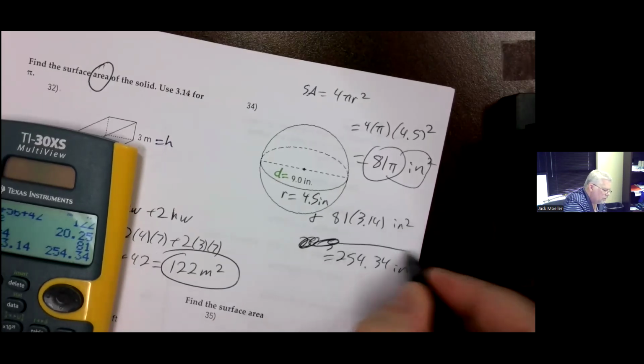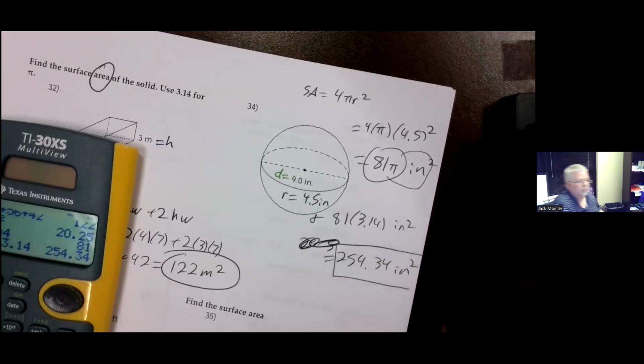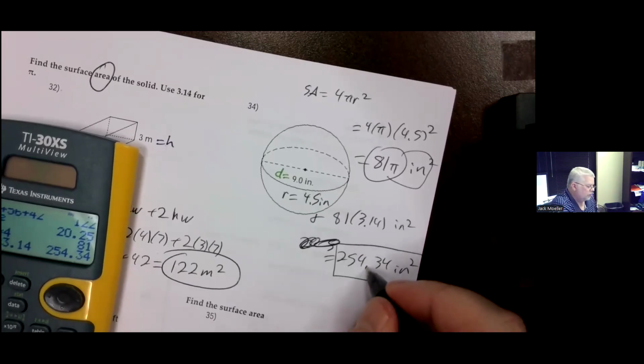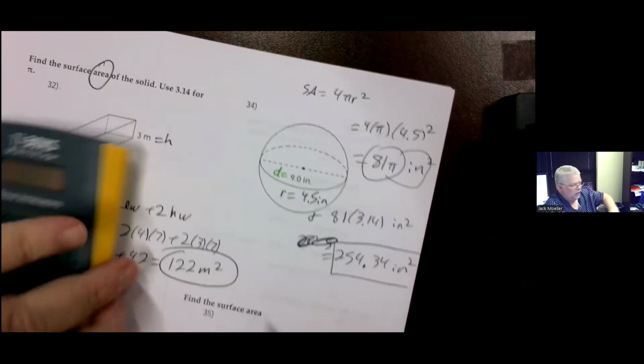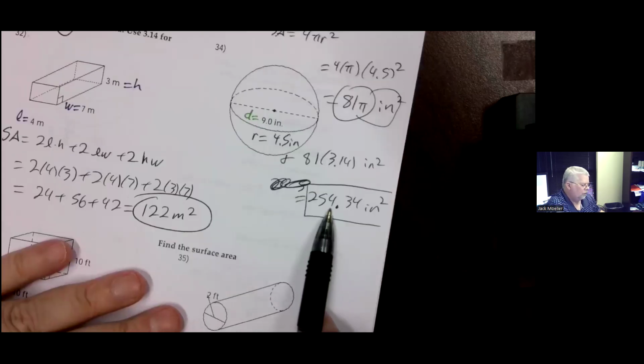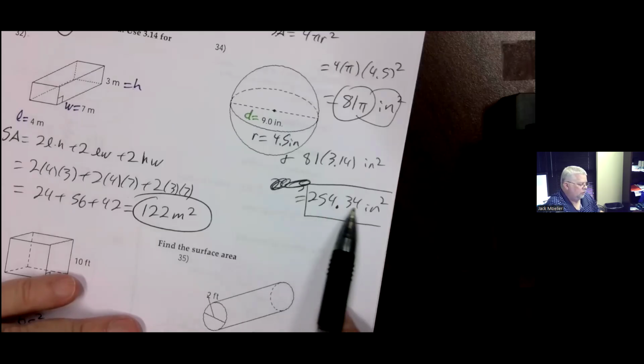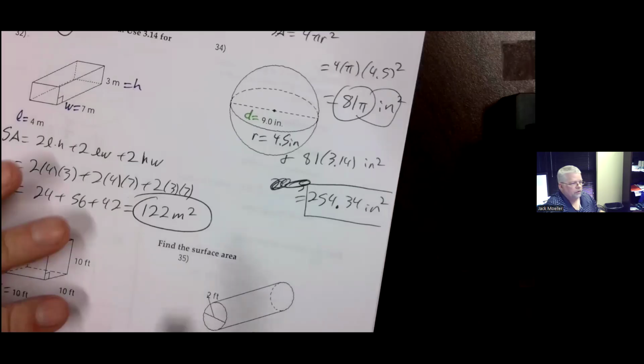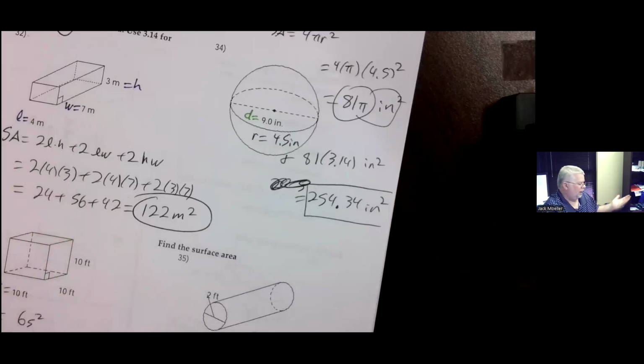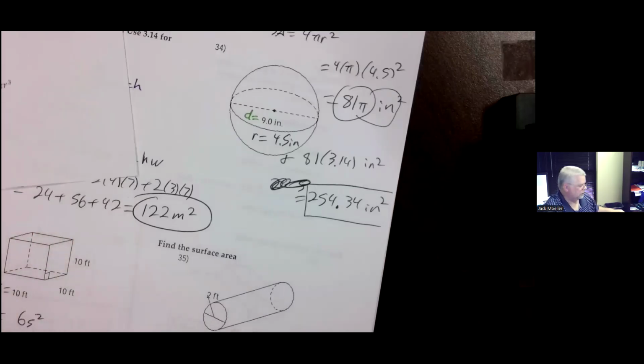And then, as always with these problems, since we have a decimal answer, look to see if they want you to round. The nearest whole number would be 254, or nearest tenth would be 254.3. Nearest hundredth, well, there's only 2 decimal places to see when we're at. So again, like I said, we're not getting too complicated with this.